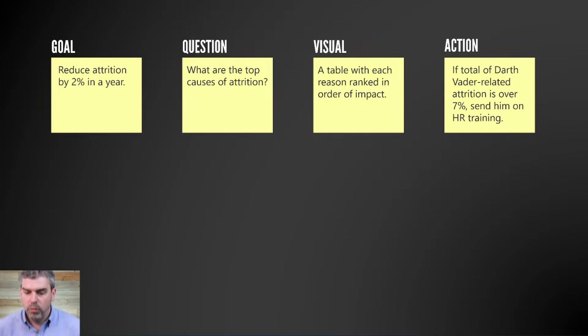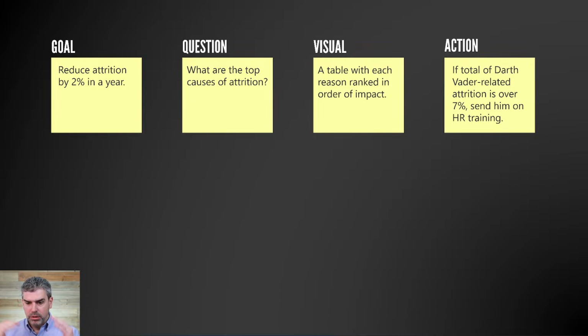So if we look at this here, we've got a goal: reduce attrition by 2% in a year. And then if we look at an action, and we could have many actions, but we're just documenting one here. The action here is, if the total of Darth Vader related attrition is over 7%, send them on HR training. So there's an action that's in support of that goal, right?